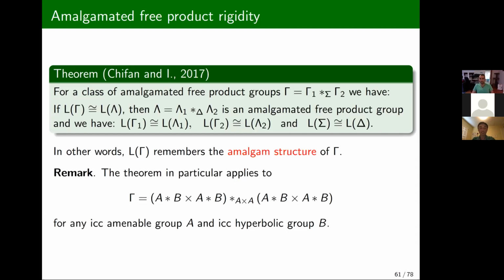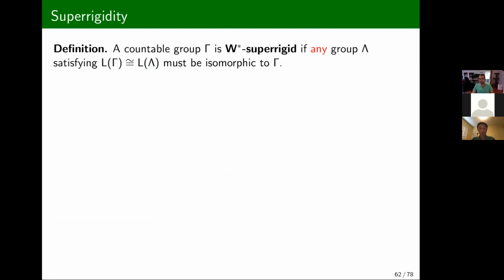But of course, the ultimate type of result here would be to recover the whole group. Okay, so you'd want groups for which you can recover not only specific properties, but the whole group structure. So you'd want to recover the isomorphism class of the group. This is called superrigidity.